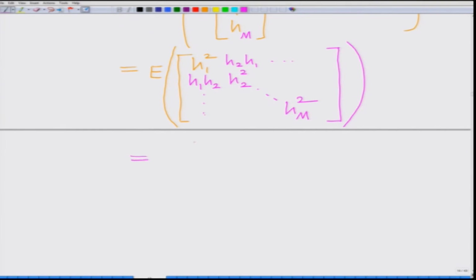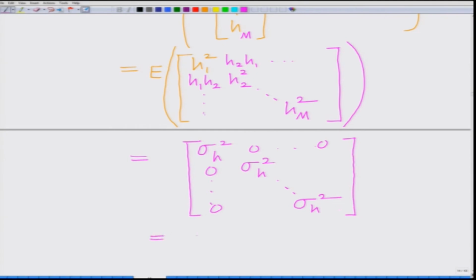The expected value of h1 square equals the expected value of h2 square, and so on, so these diagonal elements are all equal to sigma h square. All the off diagonal elements are 0.